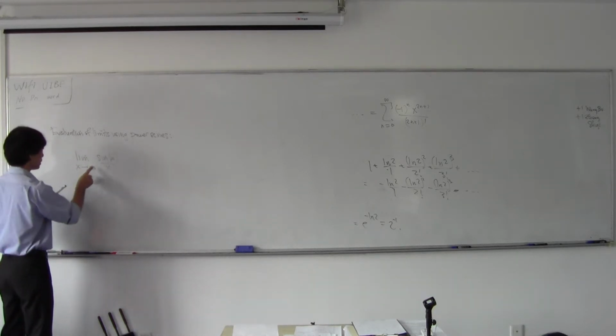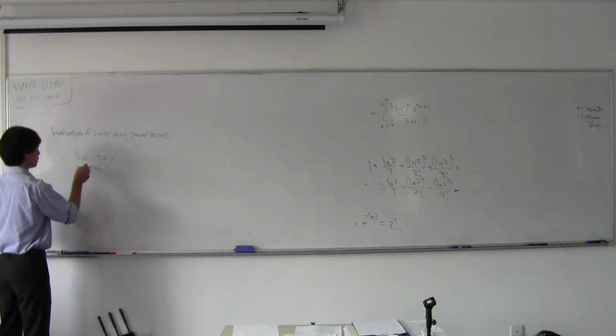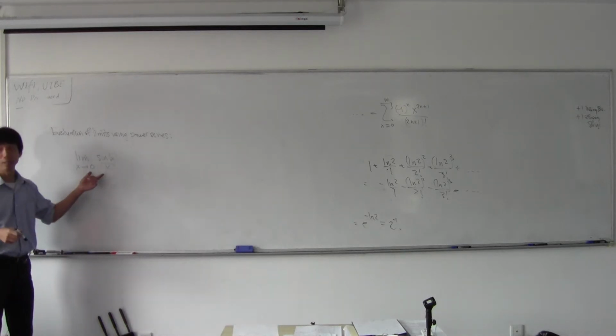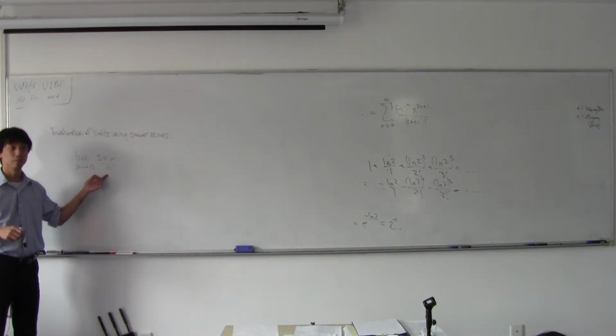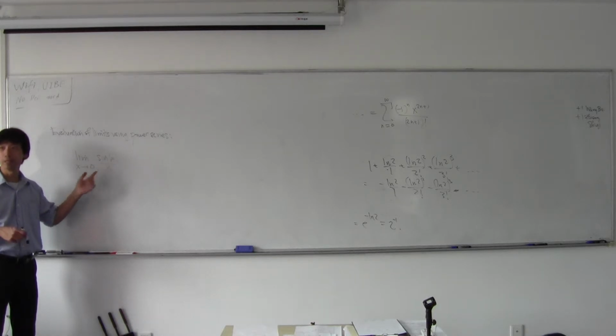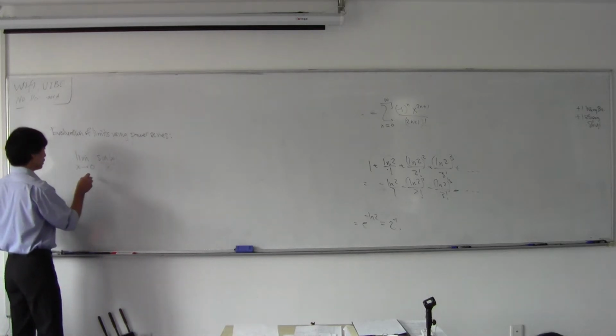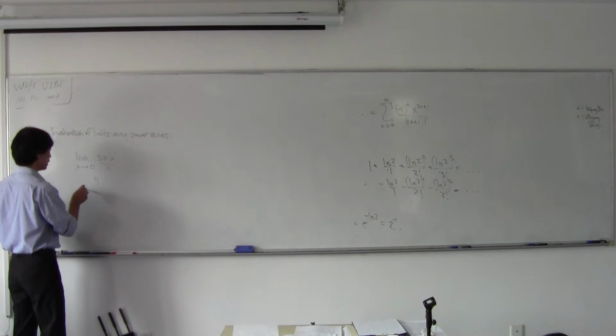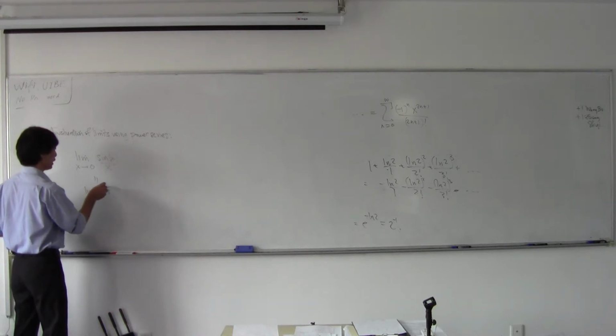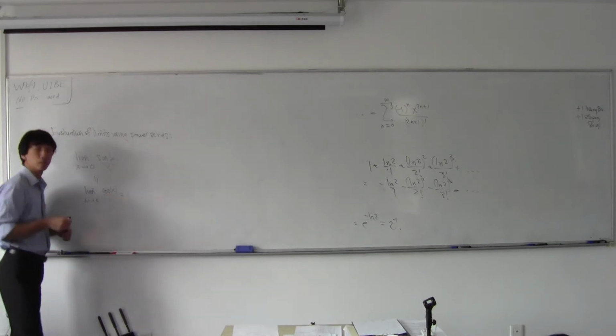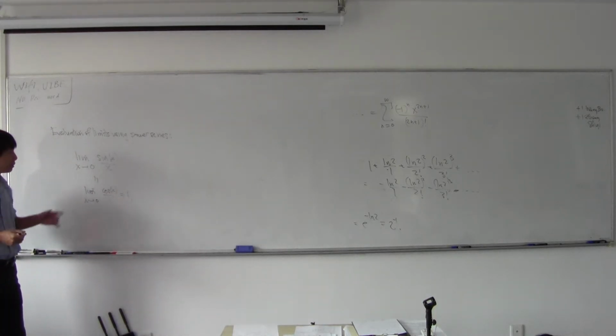Sorry, as x goes to 0. What's this limit? You know it. It's 1, right? How do you know it? You can use L'Hopital's rule on it. By L'Hopital's rule, this is the same thing as the limit of cosine x over 1 as x goes to 0. That's 1.